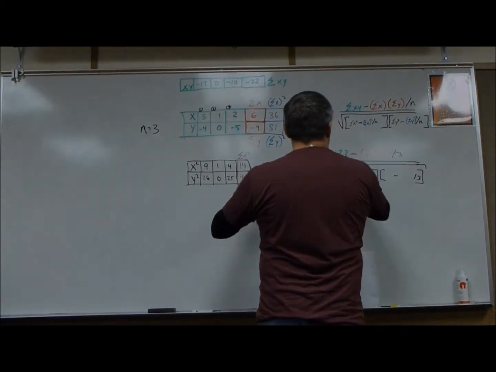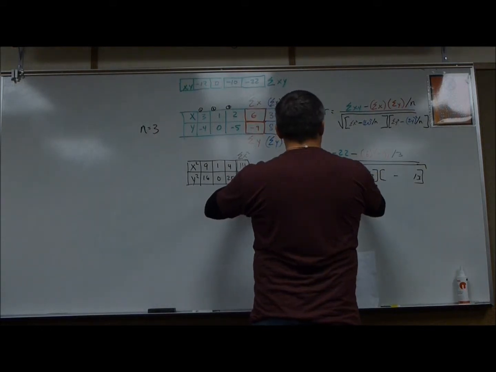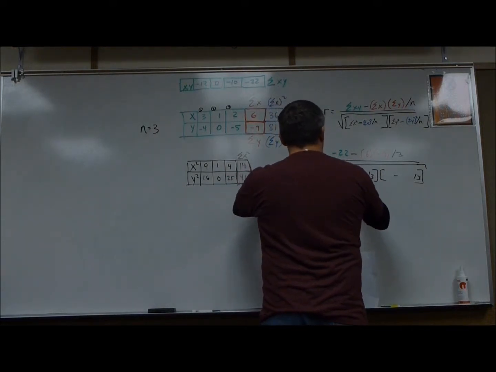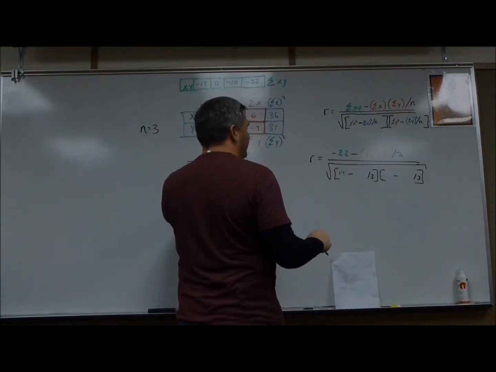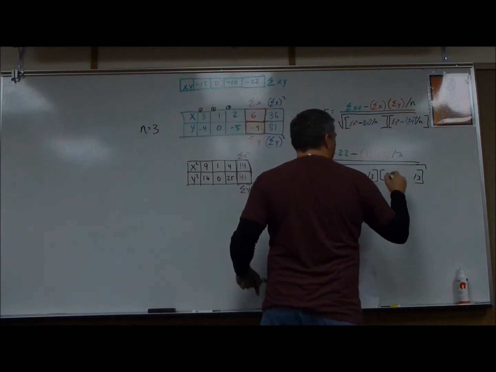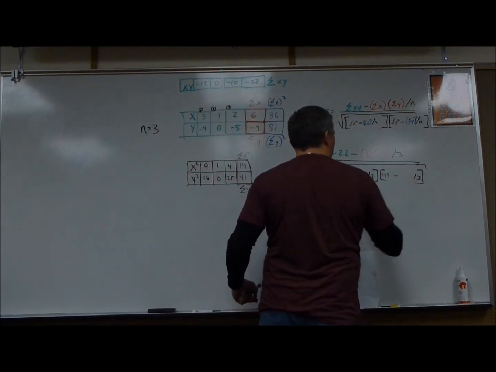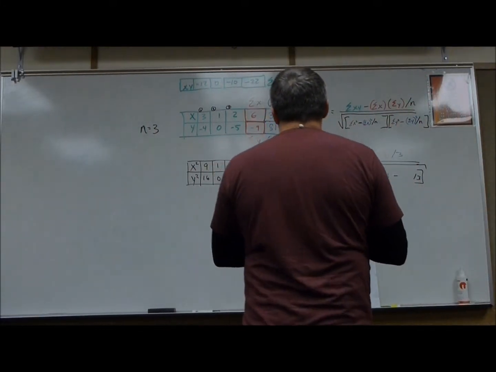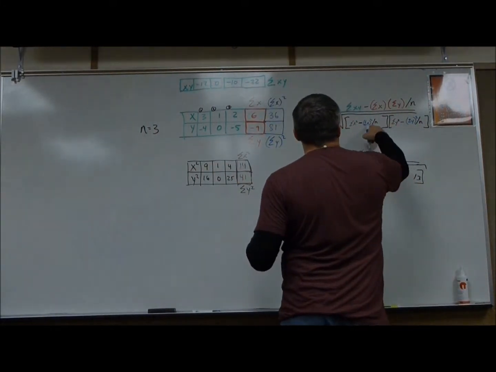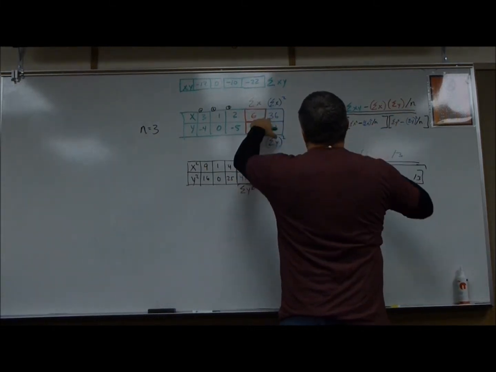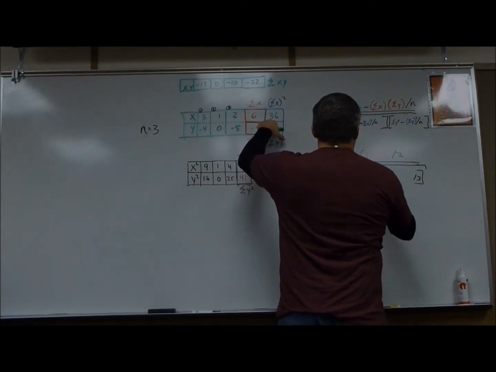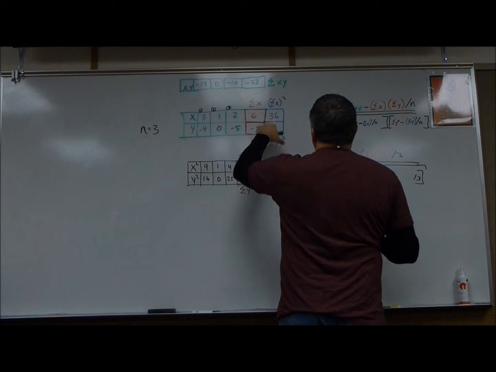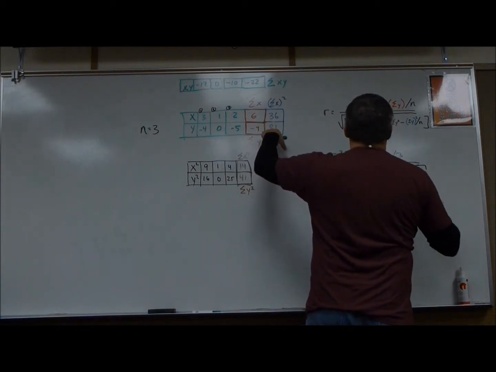So my first brown is my x, and that's the 14. My second brown is the 41, so that's the y. Okay? And then I plug in my blues. The sum of the x's squared is 36. And the sum of the y's squared is 81.